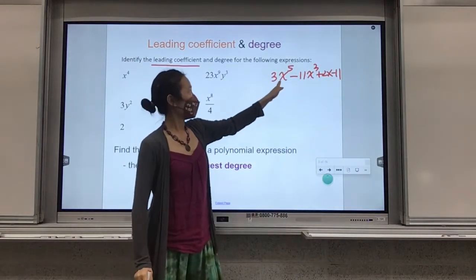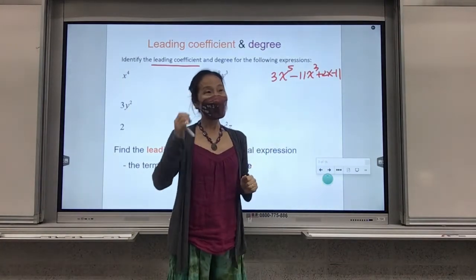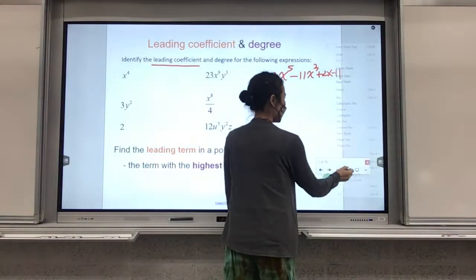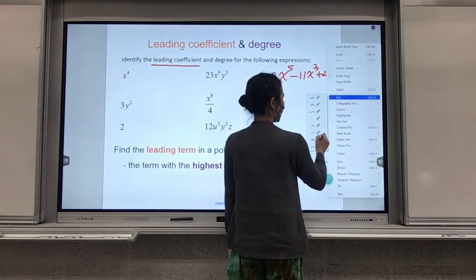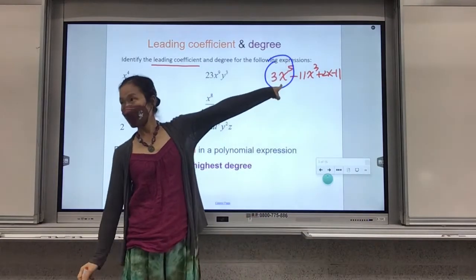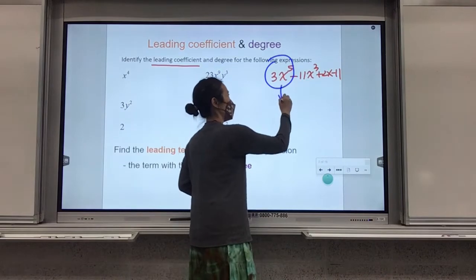So you have how many terms? 4 terms. What is the highest degree? 5. So this polynomial expression has the highest degree of 5, and that term with the highest degree is called the leading term.